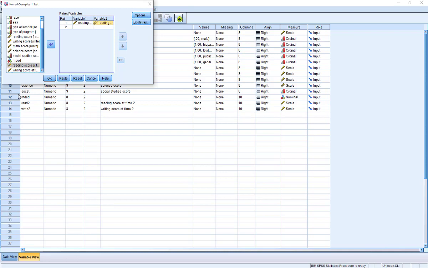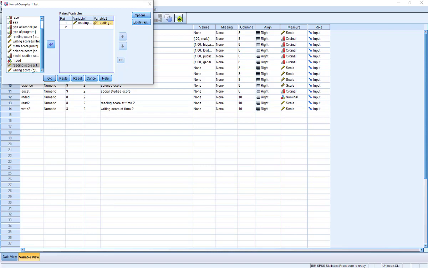Now, we might want to do a study like this because we think, for example, that we've introduced maybe some sort of new reading program. Maybe once one of the measures is collected in a prior year, the second is collected in the following year. The expectation is that we would expect that people's skills or scores should have gone up over that time period.